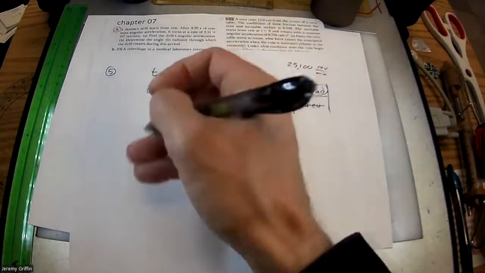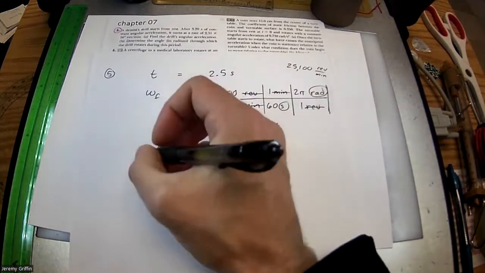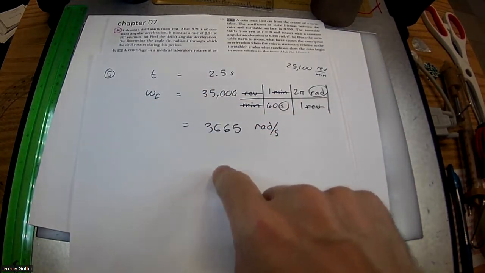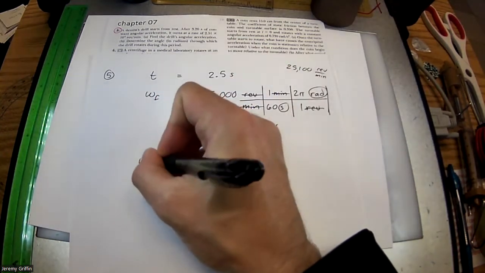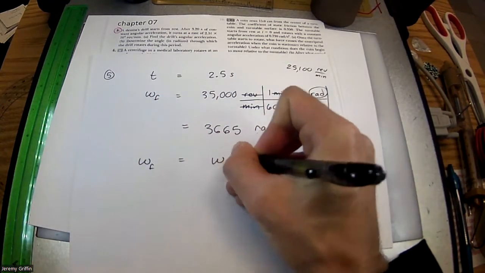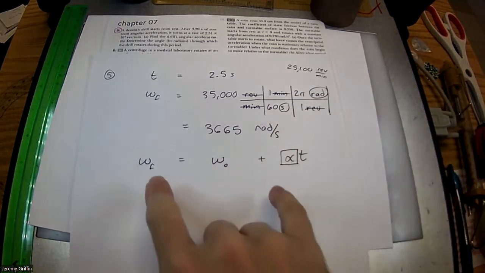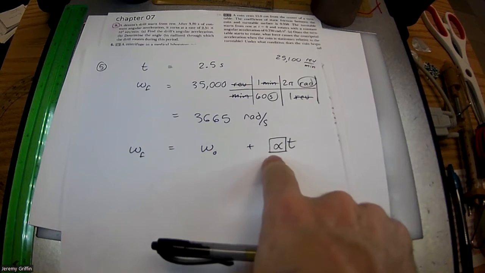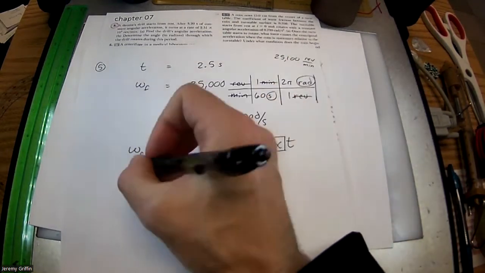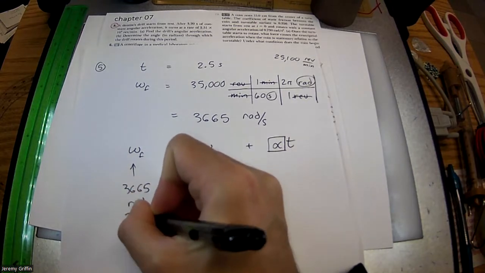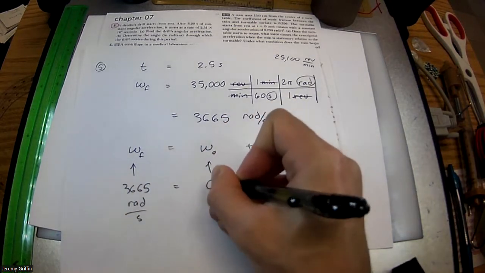Right, so we're solving for alpha. Can I go final omega is equal to initial omega plus alpha t? Because that would have everything except for what I'm solving for. So this number is so many radians per second. It starts from rest.